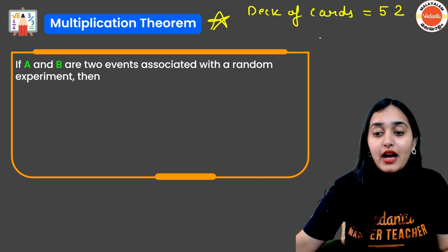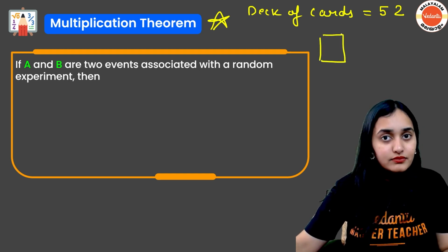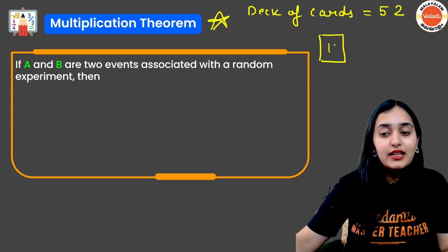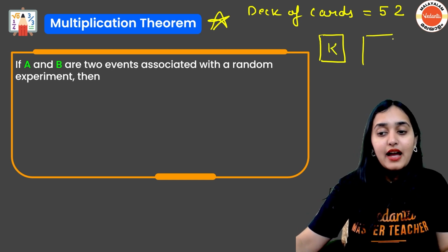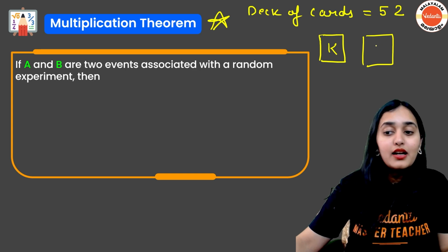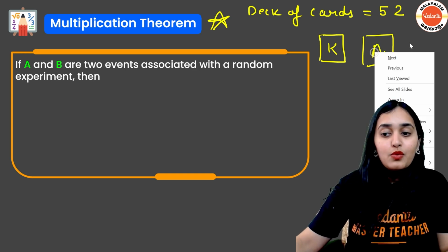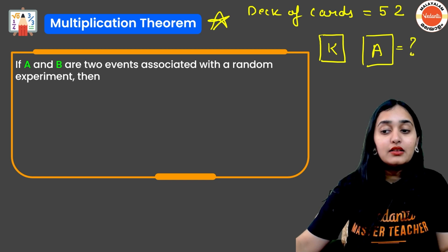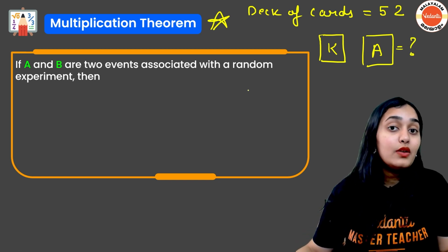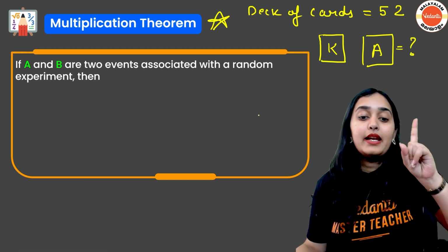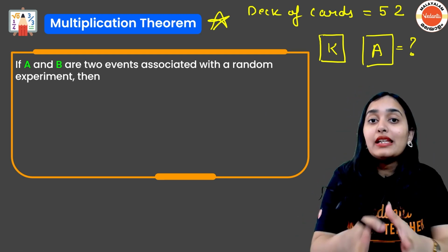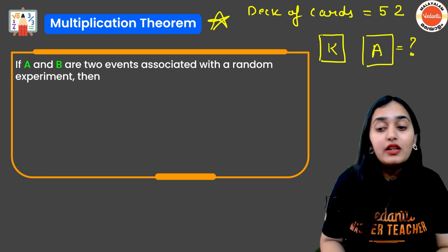If I tell you, I am taking out one card, okay? Now, this card is basically a king. Again, I want to take out another card, which is an ace. What is the probability of this? Now, how will you calculate that? See, here, both the events depend on each other. How do they depend on each other?